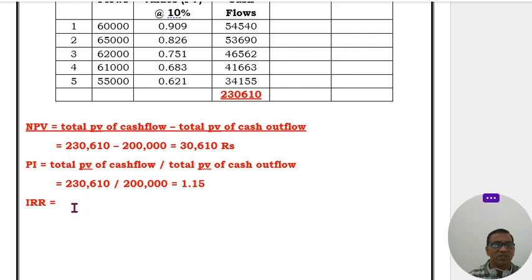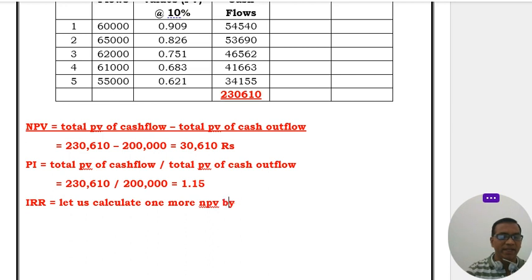Increase discount factor means already you have calculated at 10%. Now increase that. How much? More than 10. Go for 11, 12, anything. So let us assume I will take 12%. Let us calculate one more NPV by taking discount factor 12%.